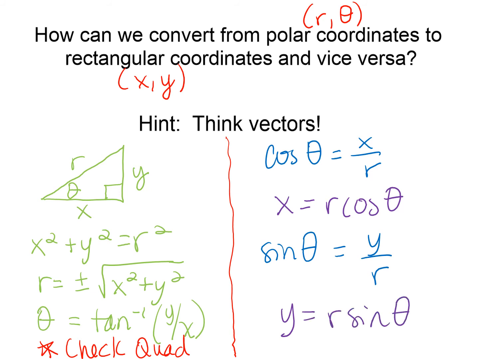So on this one slide, I've shown you how to get from, on the left-hand side, if I give you rectangular, you can find polar. And on the right-hand side, if I give you polar, then you can find rectangular.